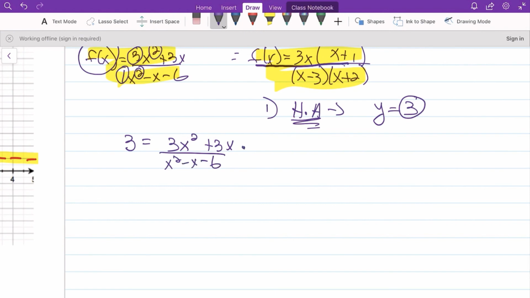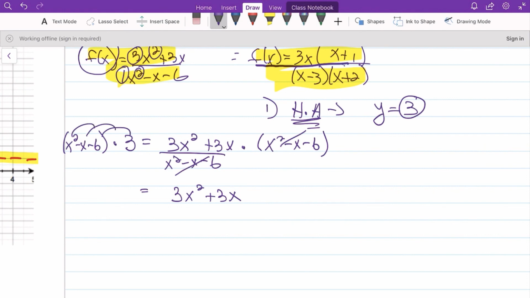So on this side, I need to multiply by x squared minus x minus 6 to remove the fraction. And I'm going to do the same thing on the other side, x squared minus x minus 6. Now on the right side, these will cancel, and we're left with just 3x squared plus 3x. And on the left side, we're going to wind up distributing the 3 to everything inside there.